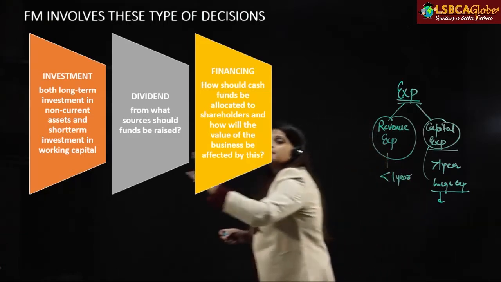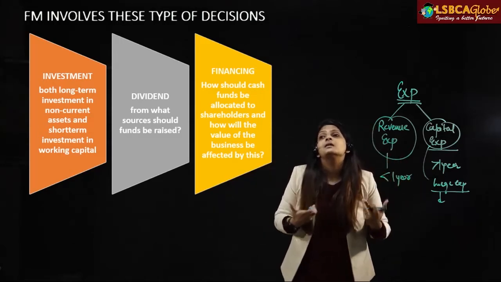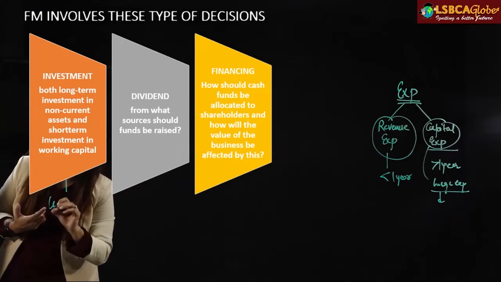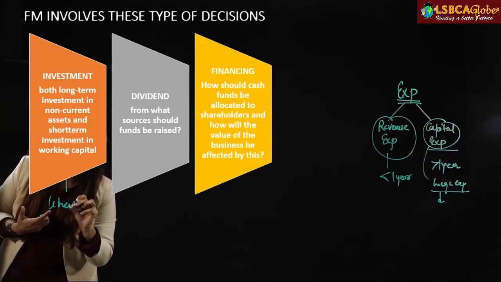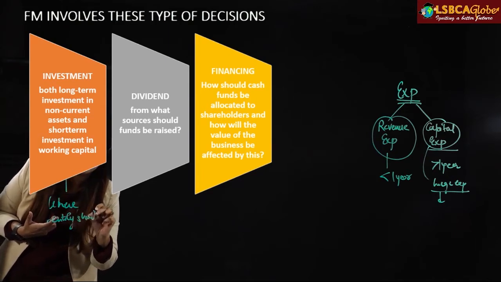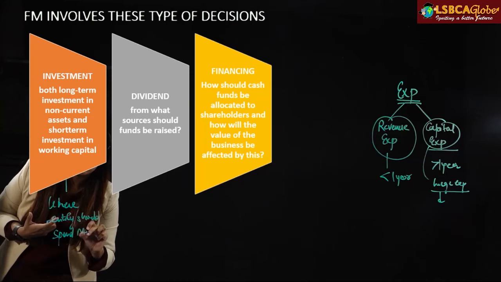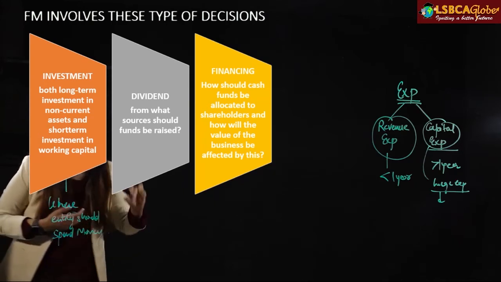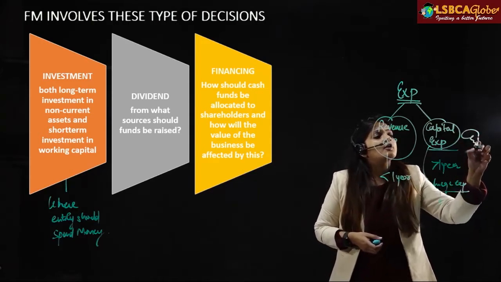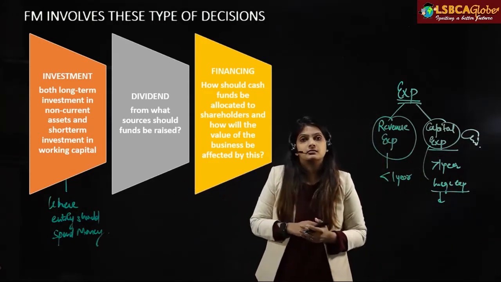So under financial management, we'll be looking into where to spend money. That is what the investment decision is, where the entity should spend its money. Capital expenditure involves an expenditure which is done for more than 1 year.